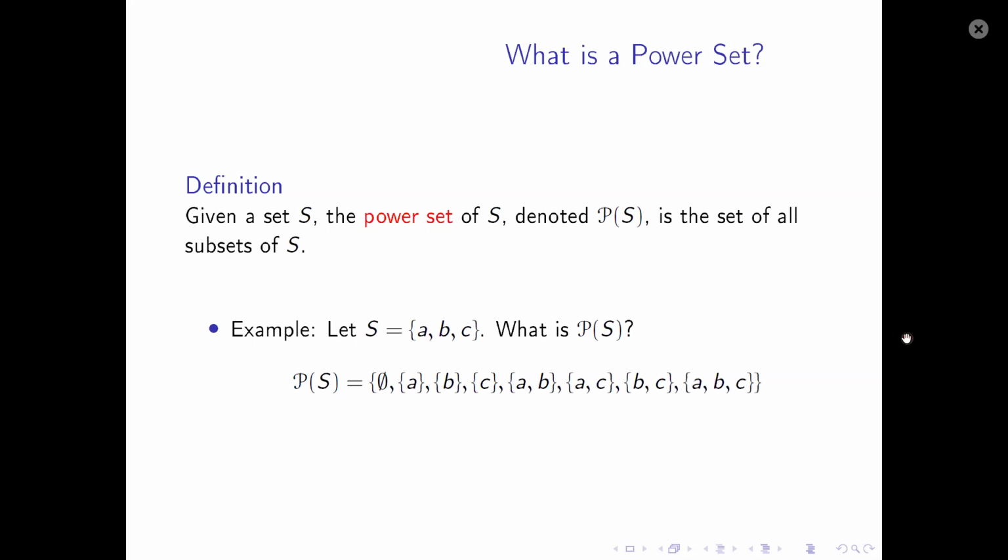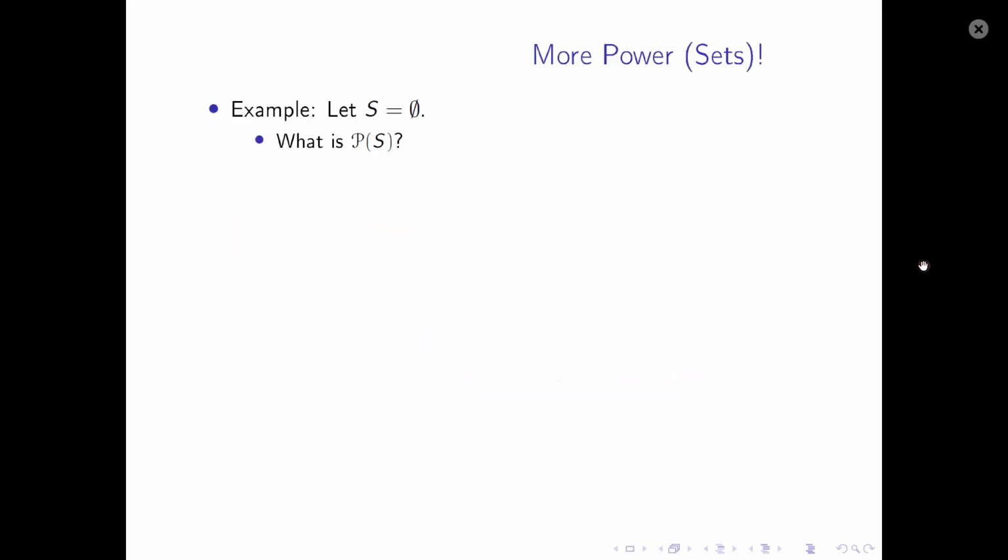And then what about the whole thing? Because remember, it is still a subset. Not proper, but it is a subset. We didn't say anything about proper. We just said it had to be a subset. So we have this. And something that we will talk about later on when we count, you can notice real quickly, I have 3 things here, and I have 1, 2, 3, 4, 5, 6, 7, 8. It turns out that there are exactly 2 to the n elements in every power set if the original set had n elements. Let's do more with power sets.